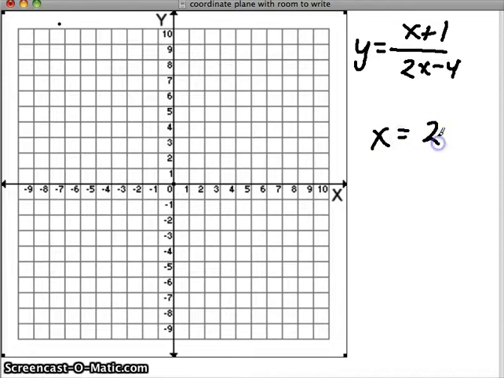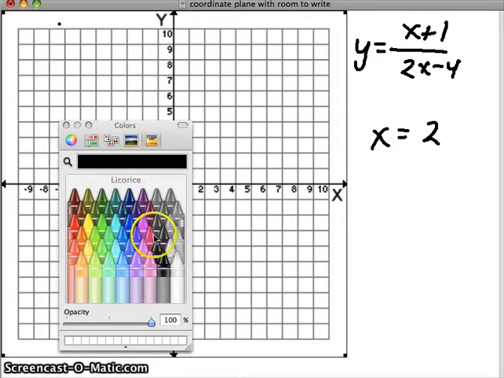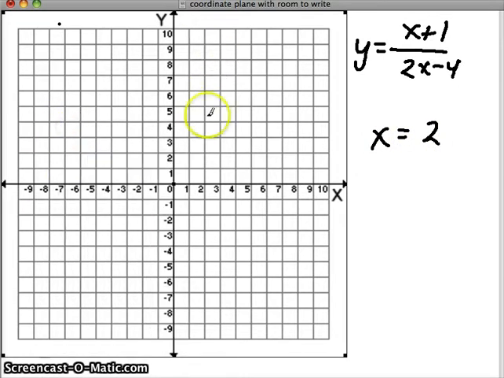Our x was at 2. So right here is our vertical asymptote. And then at y equals 1/2 was our horizontal, so about right here. So our graphs are not going to touch either of those lines.